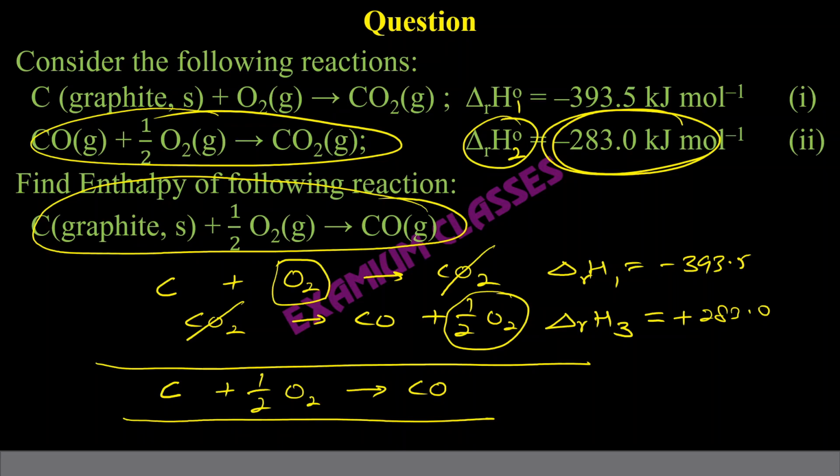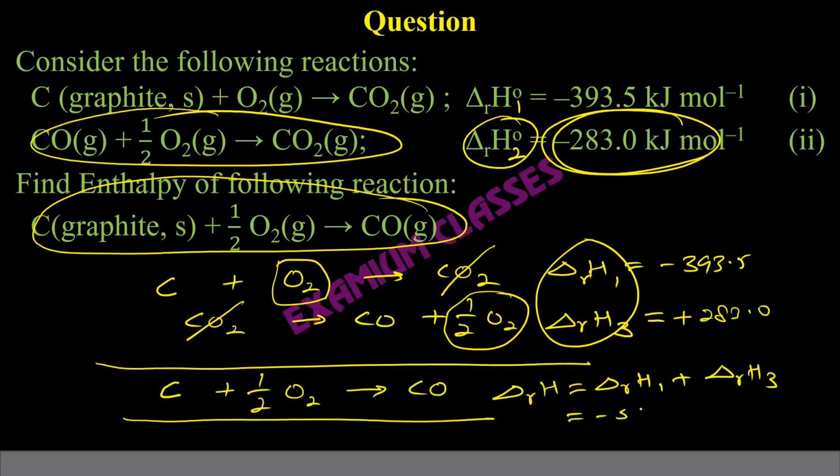And the enthalpy of this reaction, delta RH, will be the sum of these two steps, that is delta RH1 plus delta RH3. So it will be minus 393.5 plus 283.0 kilojoules per mole. When you add this one, obviously minus is greater, so the answer will be negative. Minus 110.5 kilojoules per mole will be the answer.